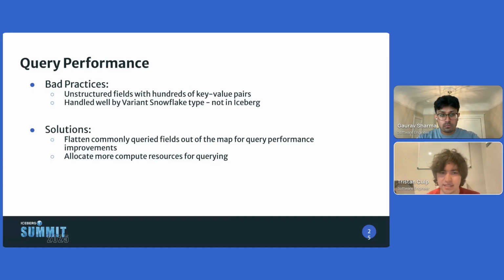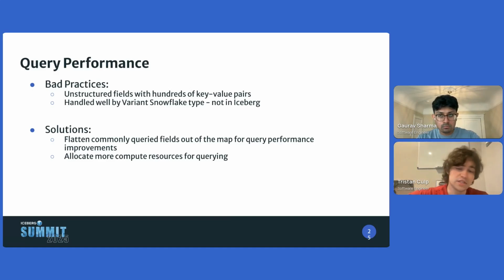This type doesn't exist in Iceberg. So we had to find a solution for this. And there were 2 simple solutions. One is if you're commonly querying this huge field, we can pull out some of these very commonly queried key value pairs and make them a new column. And then when you're querying that, you won't have any more issues.